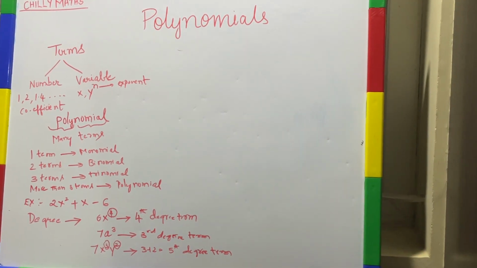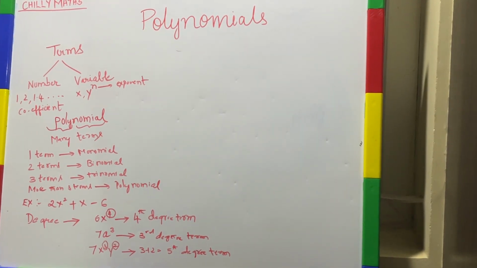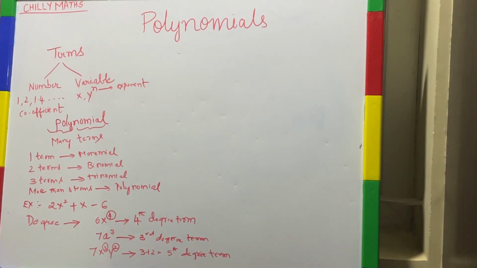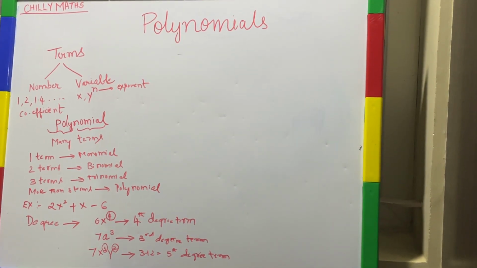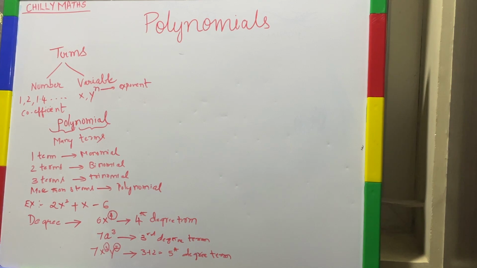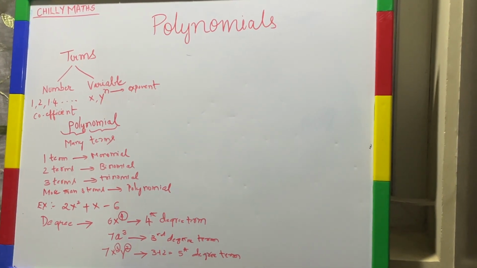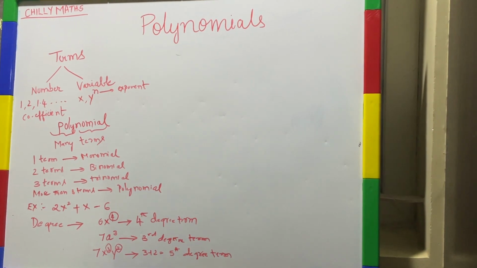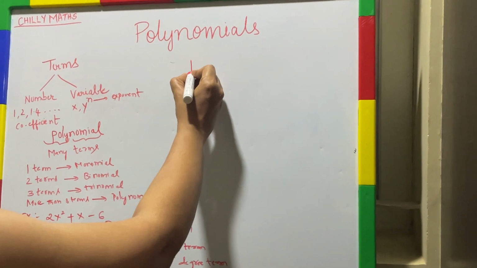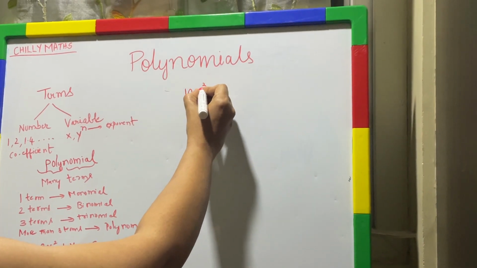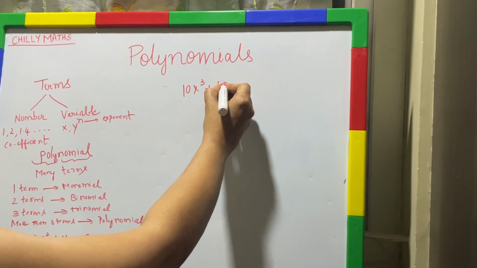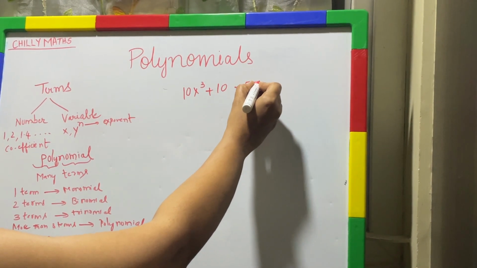Polynomials are often referred to based on this highest degree. This helps us in arrangement of polynomial starting with highest degree term to lowest. Now let's consider another example of an expression: 10x cube plus 10 minus 5x.